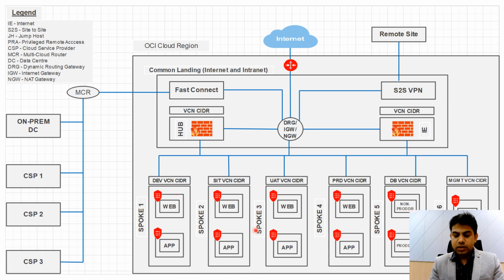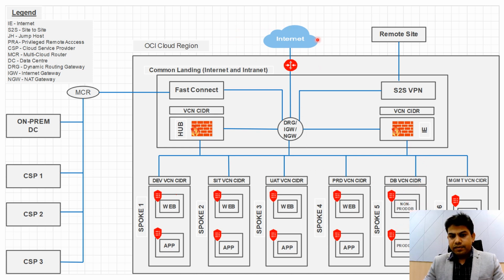Inside the spoke VCNs also, there will be separate security controls. There will be a separate security list and NSG to manage and control the ingress and egress traffic. If it is east-west traffic, which means traffic within Oracle Cloud, from one spoke VCN to other spoke VCNs, that traffic also will be routed through the hub VCN. The traffic will be routed to the firewall, and based on the whitelisting, it will be allowed further to the spoke VCNs.